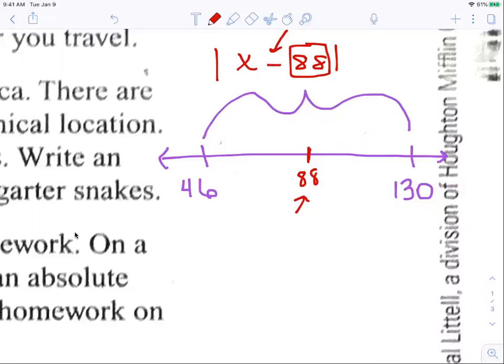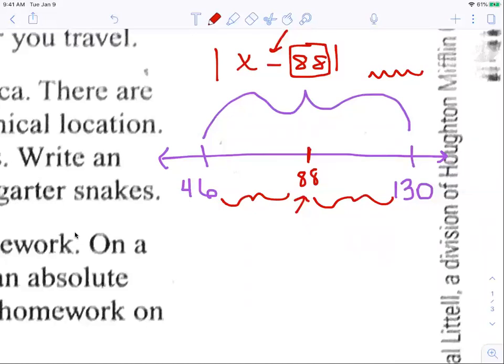The value that goes on the other side is the distance from that 88 to 130, or that same distance from 46 to 88. So what is the distance from 46 to 88, or from 88 to 130?